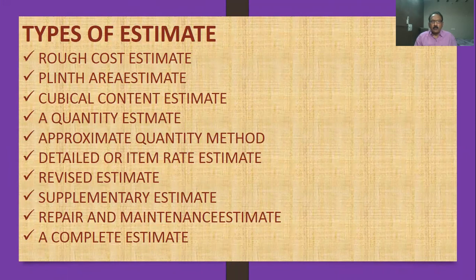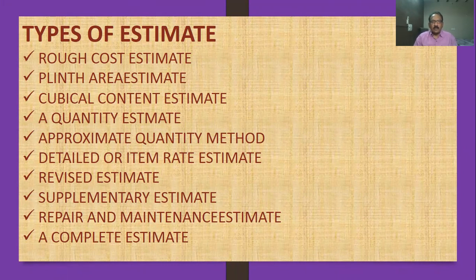But in cubical content estimate, we are going to consider the height of the building. If the height of the building is more, if the floor height is more, the cost is more. That's why this is one of the methods used to calculate approximate estimate.